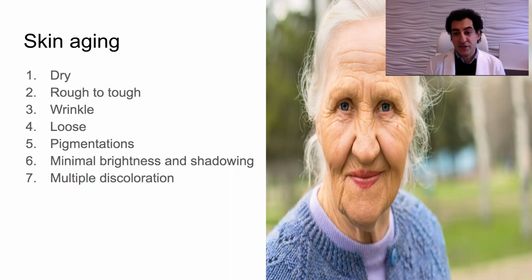You see pigmentation and some skin discoloration, and it's not so bright. You see shadowing instead of light reflex. So definitely, we don't want to get to that extreme of aging, so we try to reverse some of it by different types of treatment or prevention techniques.